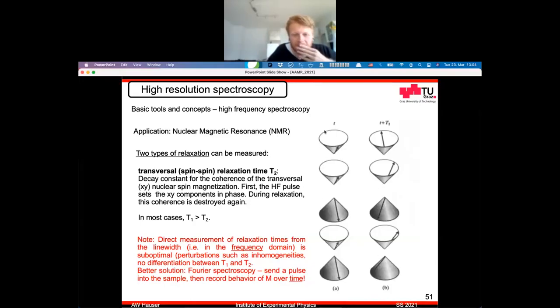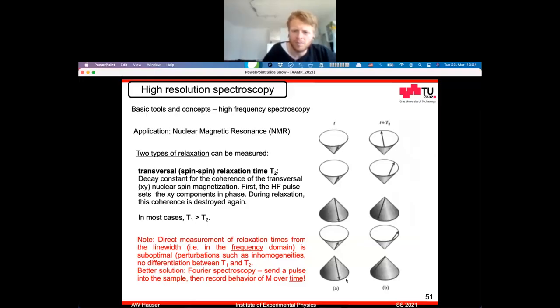For a certain time t, we have the magnetic dipole illustrated here as a vector rotating. We have this precession movement along the axis, in our case along the z direction. You can see these are different atoms, but they all have the same phase-locked situation, right?